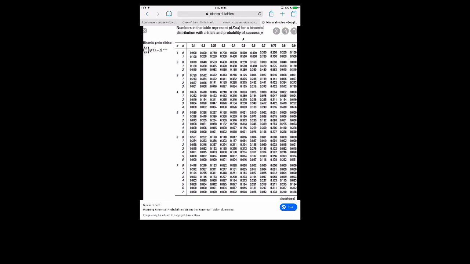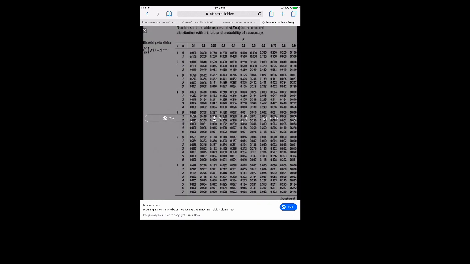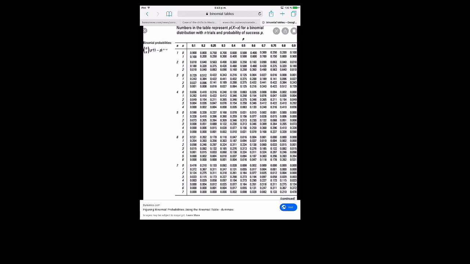You see here, this is a table that shows the probability of success being P. Anyway, you see at the top, that's the probability of success, and then on the left side, on the margin, are the possible outcomes.